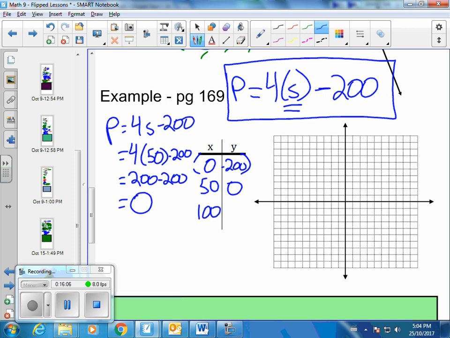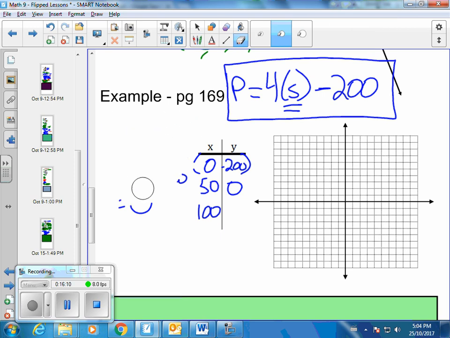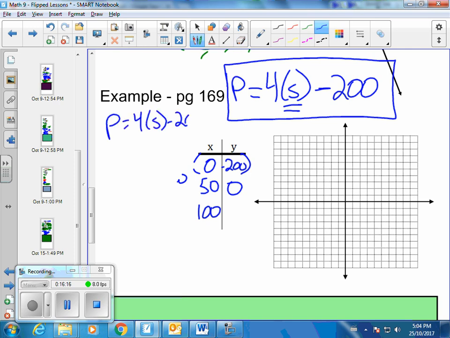Right, and then we can hop on to the next step, figure out what happens if 100 students show up. 4 times 100 minus 200 gives us 400 minus 200 equals 200 bucks.